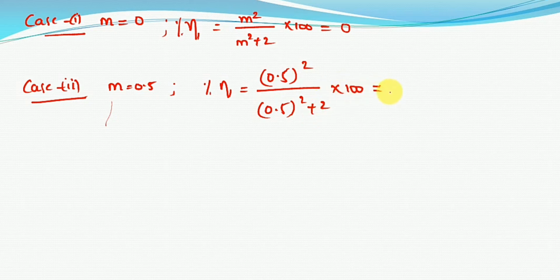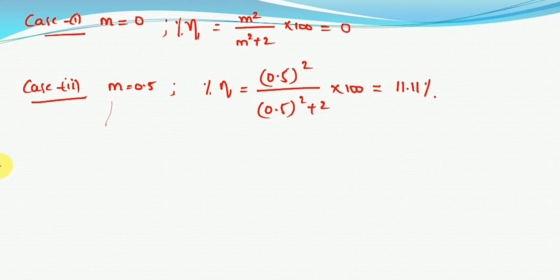On simplification, its value is 11.11%, which means only 11% of power is used at the receiver end, and the remaining 88% of power will be wasted for the transmission of a carrier signal, which means there exists a huge amount of wastage of power for an AM signal.